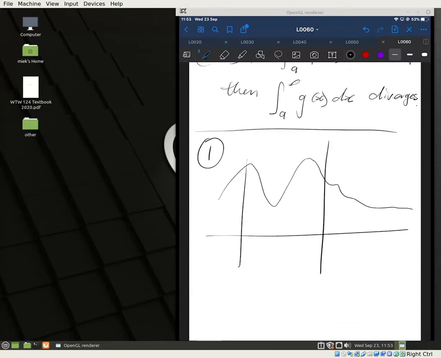If we draw the graph of g and of f like so, from some point onwards, f takes on values greater or equal to 0, and g is bigger than f.